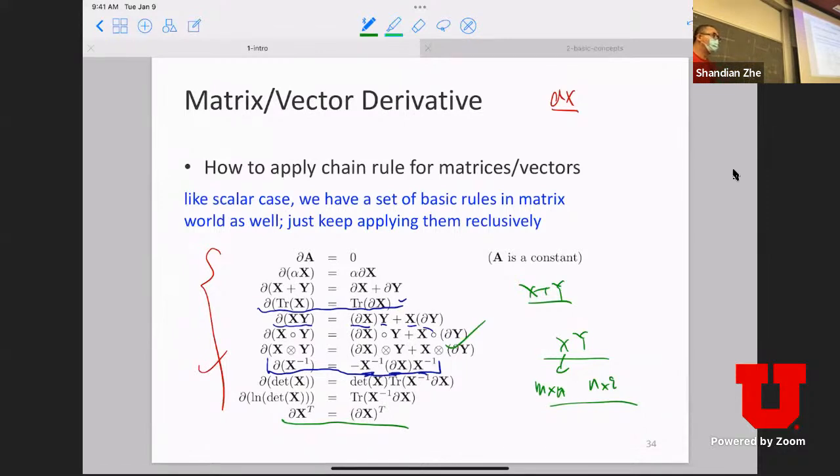Can you always arrange it into this form? It's not always. I can tell you there are a few very complicated cases, and it's not easy to arrange them into such a form. I met such situations in my study. For example, in Gaussian processes, calculating the derivative of the log likelihood with respect to kernel parameters, it's not easy to arrange that term.